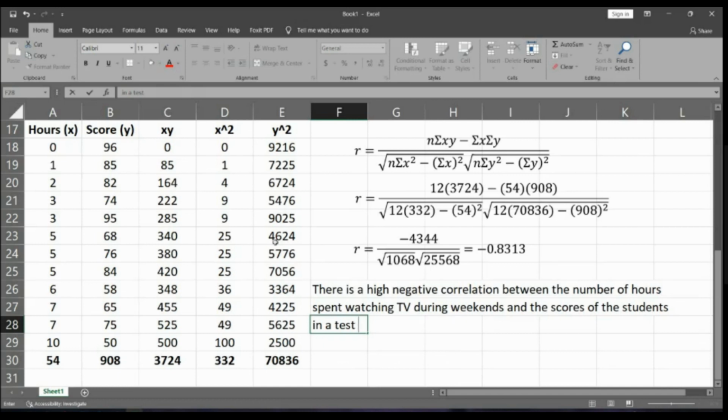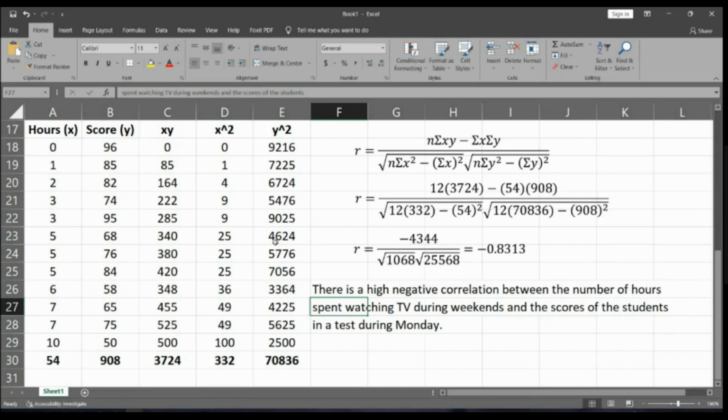Okay, the scores of the students in a test during Monday. And that's it. There's a high negative correlation between the number of hours spent watching television during weekends and the score of the students in a test during Monday.